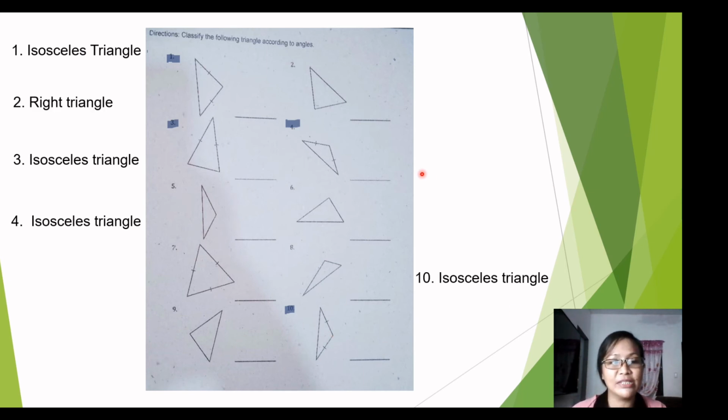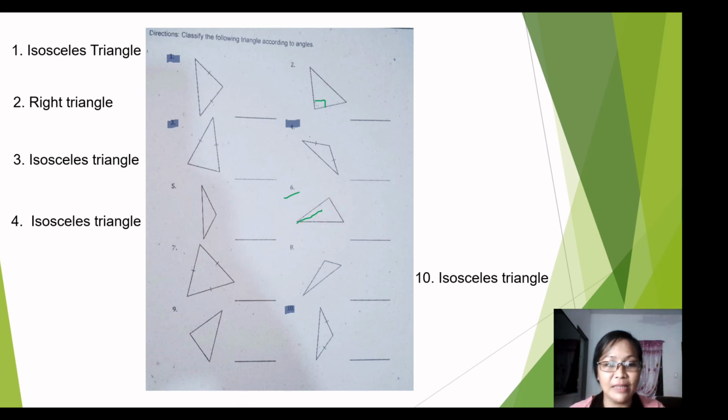Next, number 2 is a right triangle. This line is perpendicular with this line. If they are perpendicular, it forms 90 degrees. Therefore, number 2 is a right triangle. Number 6, this line is perpendicular with this line. I'll repeat. This line is perpendicular with this line.